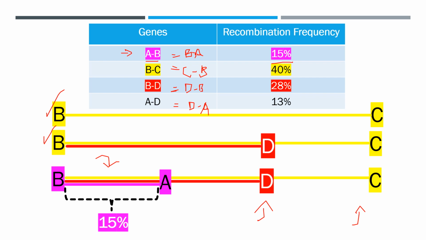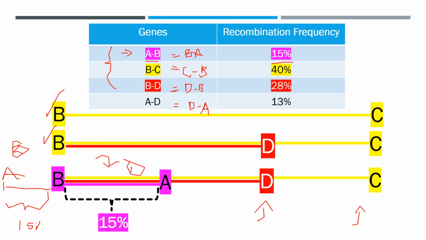Another option, it could be that A and B will be here. And if we only have these 3 points, there will be 2 options. It could be option number 1 that I have here, or option number 2.